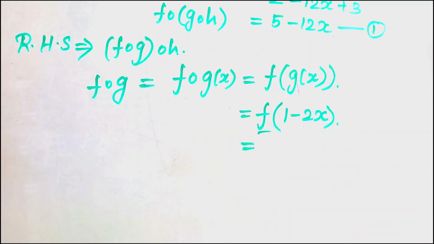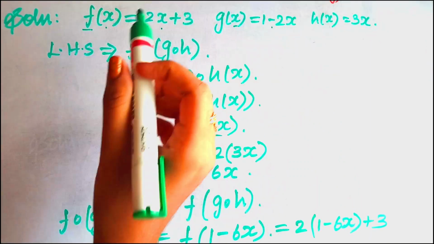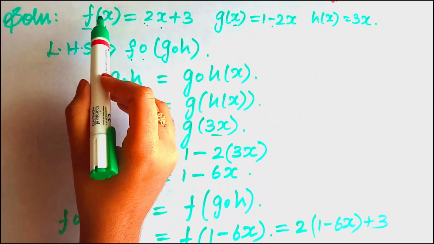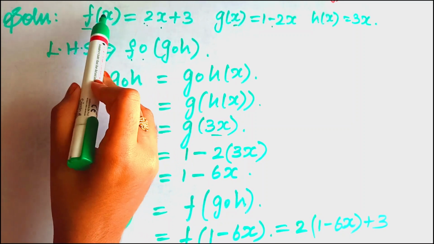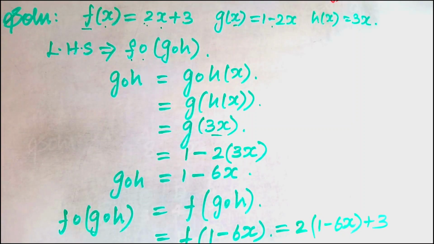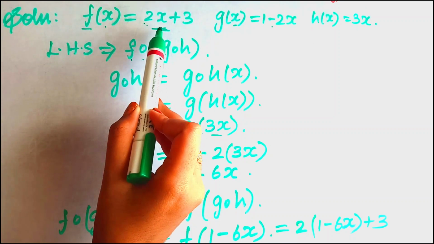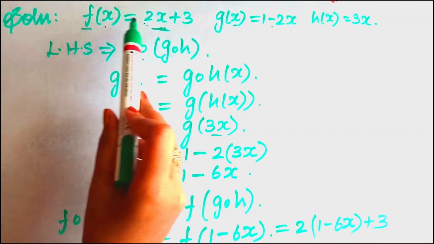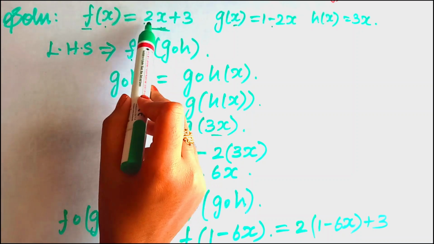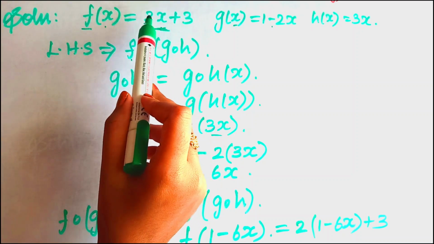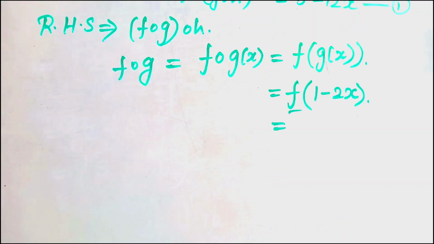So here we have to find the function f in the question. Here it is, and in the function, in the place of x we have 1 minus 2x, right? So in the place of x we have to substitute 1 minus 2x here. So the function f is 2x plus 3, and in the place of x we are going to substitute 1 minus 2x.